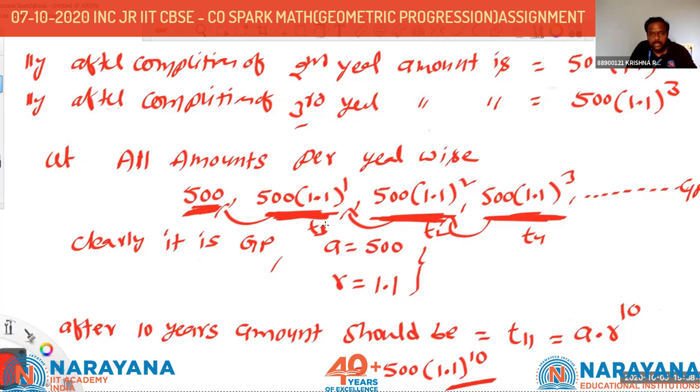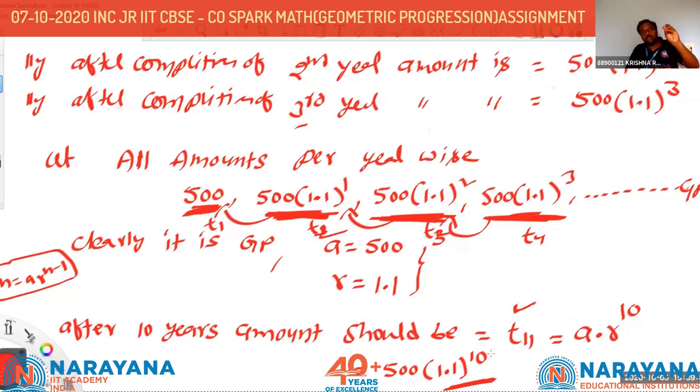So after completion of 10 years means term 11. Don't confuse. In GP, the nth term formula is A into R power n minus 1, and I used that formula. So 500 into 1.1 whole power 10.